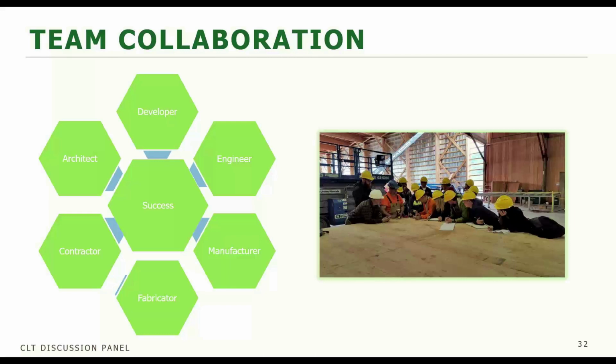So you need to have a developer that wants to design with wood, an engineer and an architect that has experience or is willing to gain experience in wood, a contractor that won't shy away from building with wood or mass timber specifically simply because maybe they haven't done it before, and knowing that they've got fabricators and manufacturers on board that are experienced and really can help guide this team to a successful project. I think that's one of the main things with any mass timber project to be successful. It really does take a lot of team collaboration, and that's what we do currently.